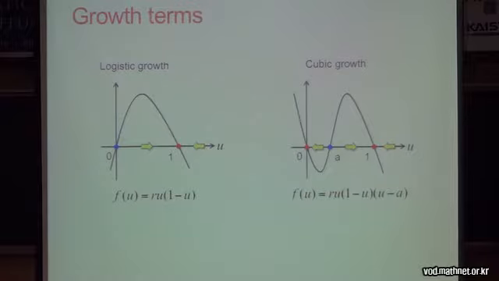U equal to 0 and U equal to 1 are stable. On the other hand, U equal to A is unstable. So the vector field is like this. If U is here, then U goes to 0. On the other hand, if U is here, then U approaches 1. So the dynamics is rather different.